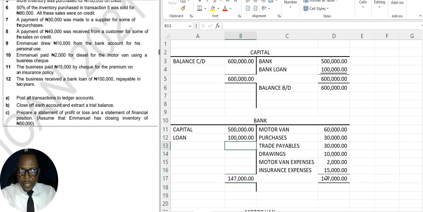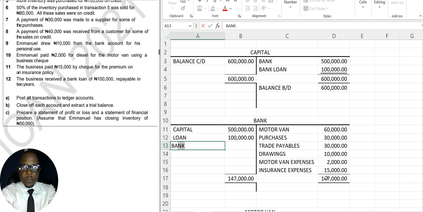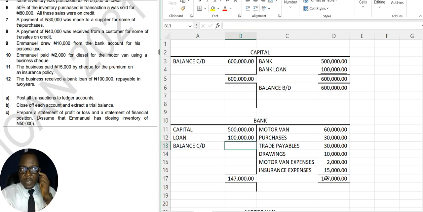But if you check, the two sides do not have the same balance, so you have to have balance CD here. Balance CD. What is the difference between this and the other side?